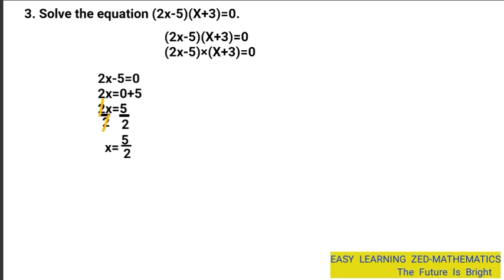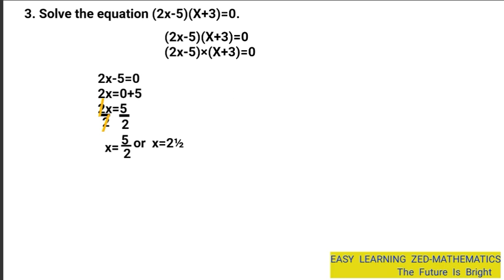Or better still, we can convert this improper fraction into a mixed fraction, which is 2 1/2. So the value of x can either be 5/2, or if you want to convert it to a mixed fraction, you can write it as 2 1/2.